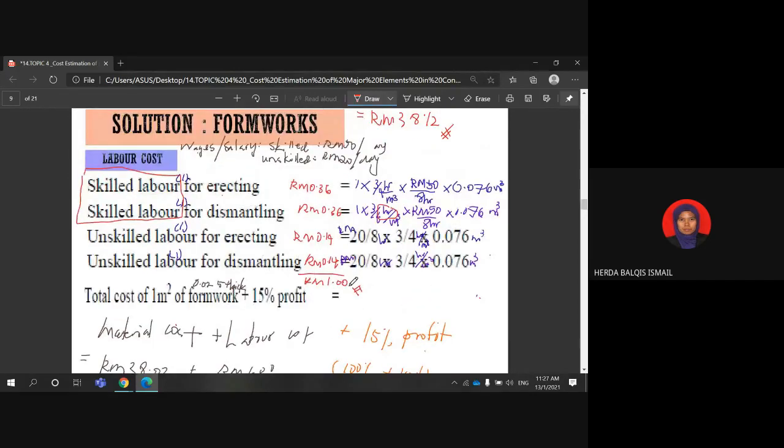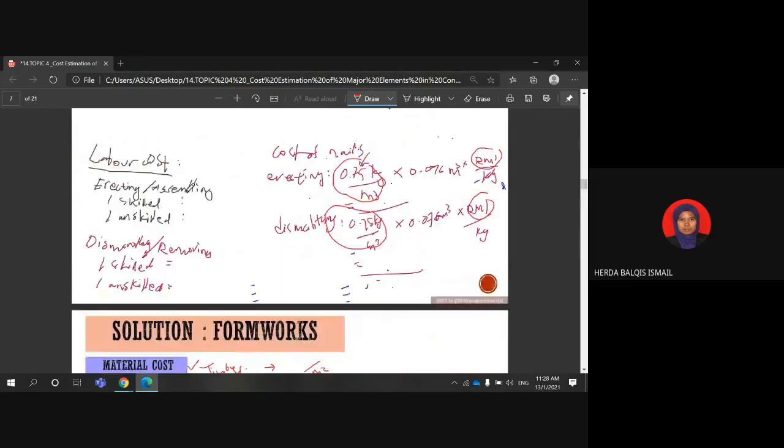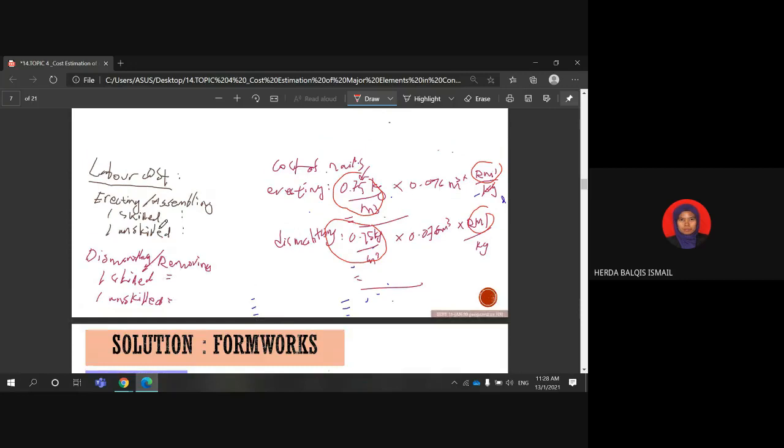If you don't want to write labor cost according to the types of labor, you can write the labor cost based on scope of work. For example, for erecting or assembling work, it requires one skilled labor and one unskilled labor, which we know from this table.